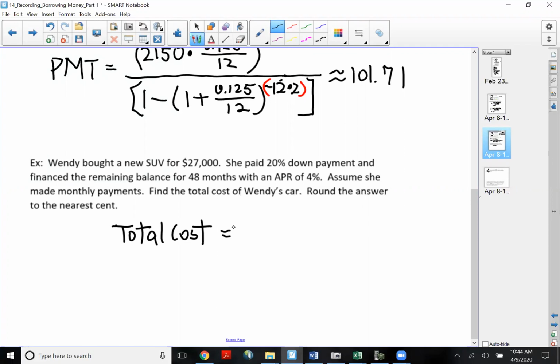Well, like we said before, once we figure out your monthly payment, to pay off something means you made all the payments every month for the entire duration. So her total cost has to be her monthly payments. She paid this amount of money that we're going to figure out in a little bit. She's going to make this payment for the entire 48 months, which is 4 years.